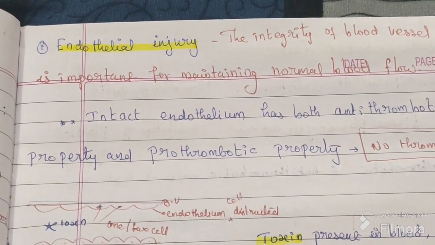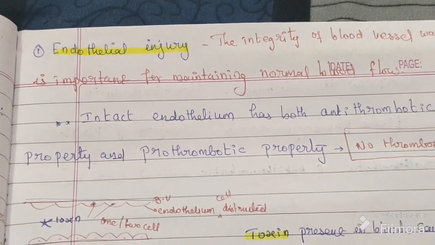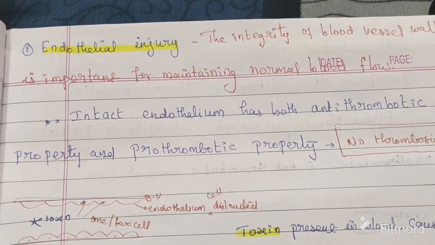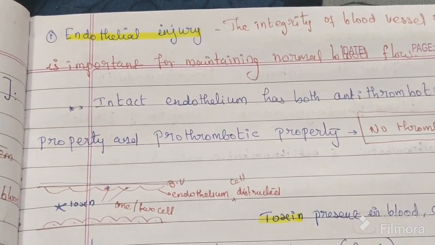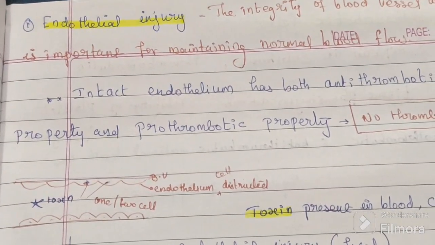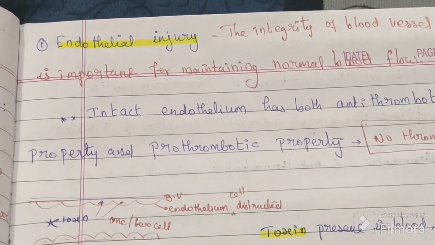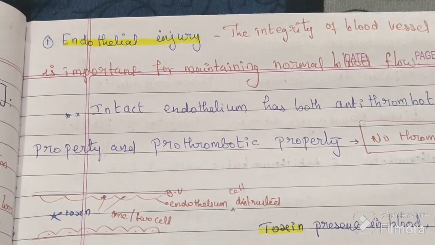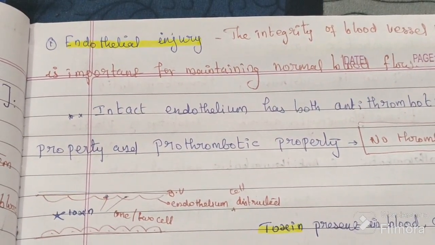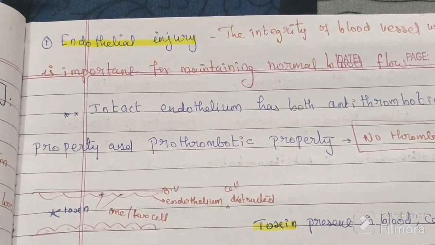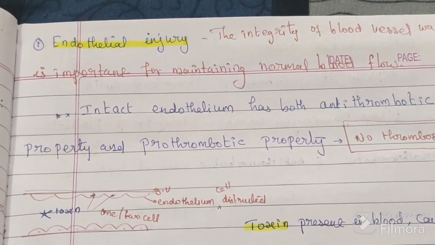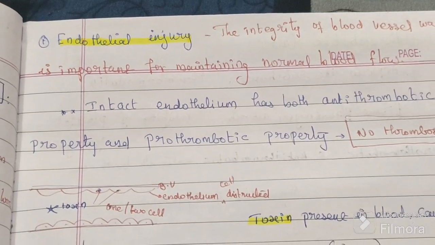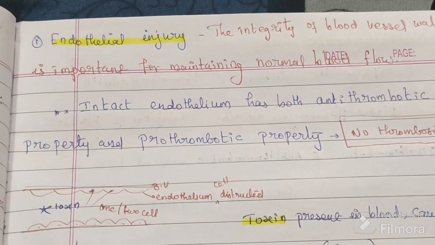Whenever we have any cut, what will happen? Due to the cut we have injury, to the endothelium and sub-endothelium also. Because of that gap, blood will flow out. Blood will come out, bleeding takes place. So to stop the bleeding, a clot forms and stops the blood. That is called hemostasis.